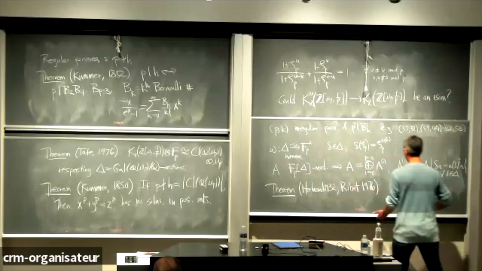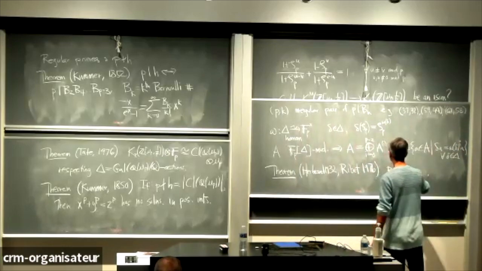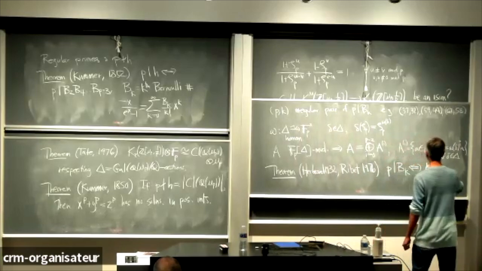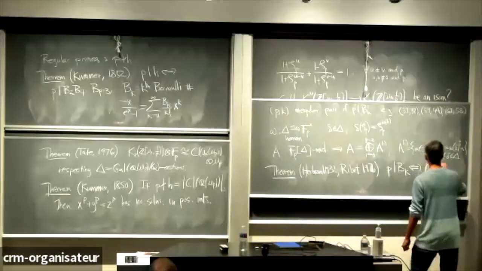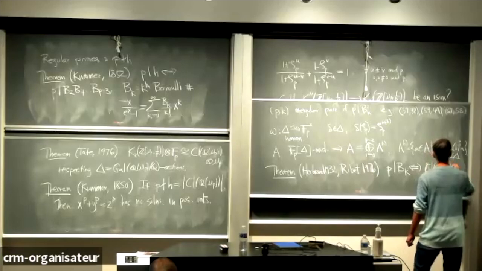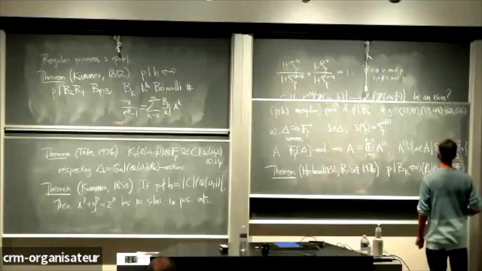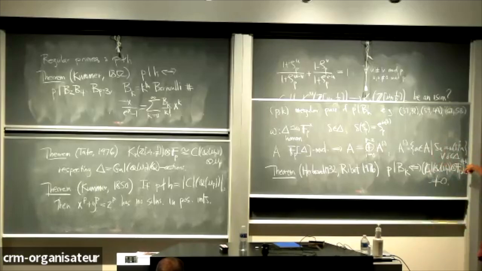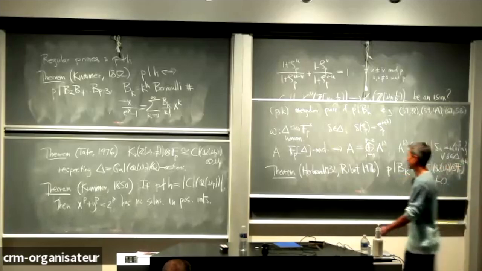Okay, and that says that p divides B_k if and only if I take the class group, I reduce it mod p, if and only if the p minus kth eigenspace of this thing is non-zero. I hope that's clear. Can you read the p minus kth? Yeah, the p minus kth eigenspace of this thing is non-zero if and only if p divides the kth Bernoulli number.